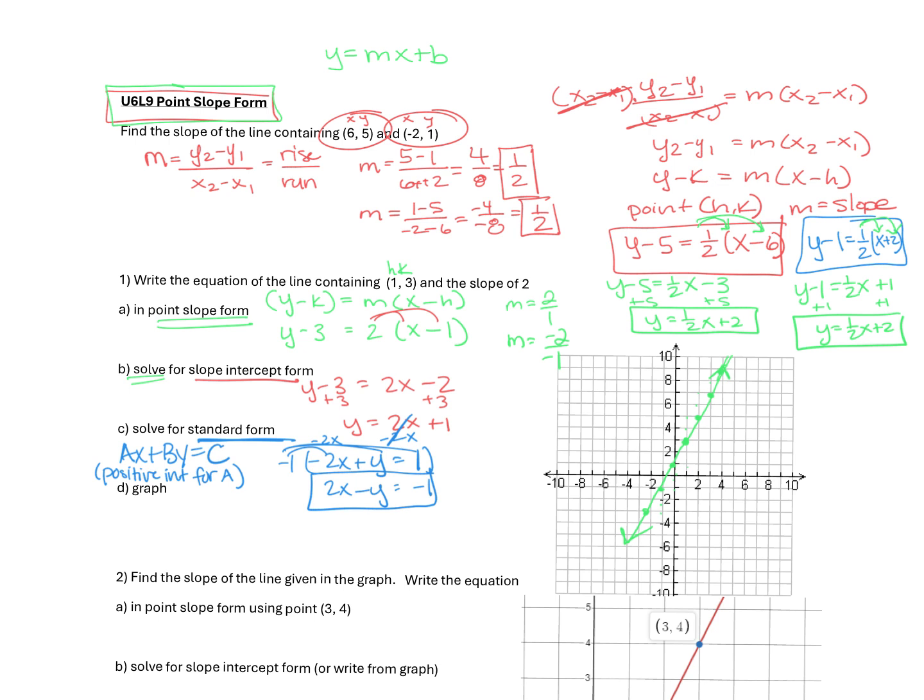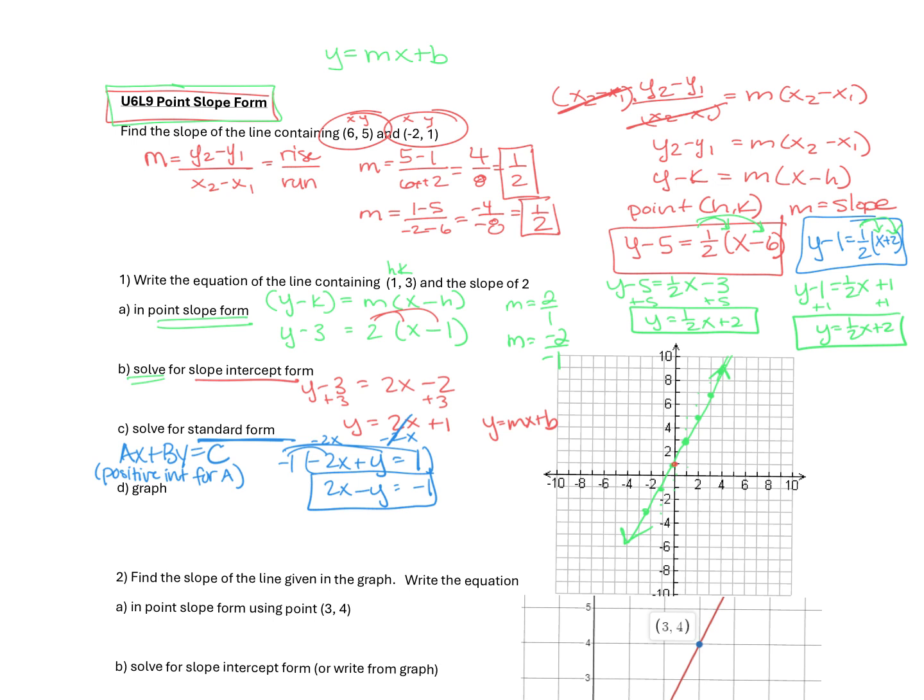Let's talk about graphing from slope-intercept form. When I graph from slope-intercept form, that's when my y equals mx plus b, where b is my y-intercept. In this case, that's 1.